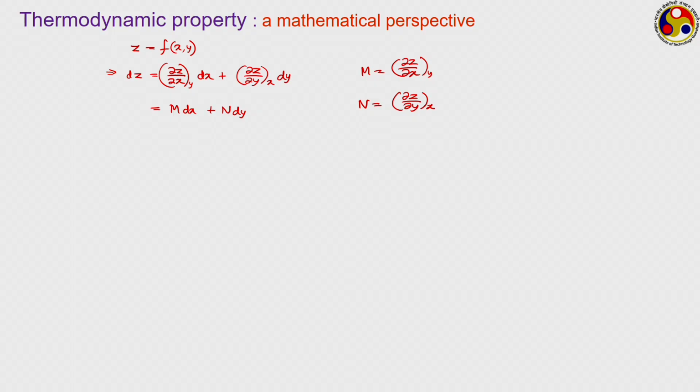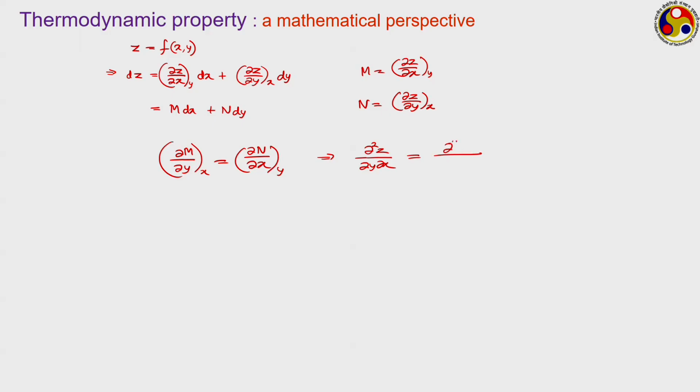If z is a property, then it is a very standard mathematical principle that for z to be an exact function of x and y, or dz to be an exact differential, we need dou m dou y with x constant to be equal to dou n dou x with y constant, because then only we are going to have dou square z dou y dou x equal to dou square z dou x dou y.